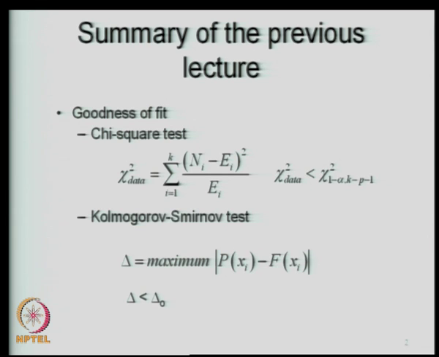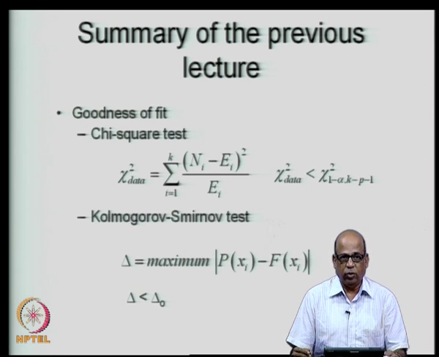Subsequently, in the previous class, we have seen how to do the goodness of fit tests using statistical tests, which is specifically the chi-square test and the Kolmogorov-Smirnov tests. So, if we summarize what we did in the previous lecture, we focused mainly on the chi-square and the Kolmogorov-Smirnov test.